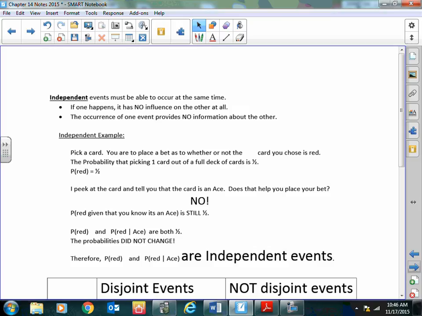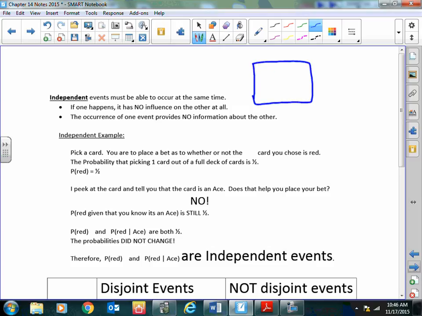Independent events must be able to occur at the same time, so they would have some kind of intersection, because you are checking to see if there is an influence on the other in the event that one of them occurs.